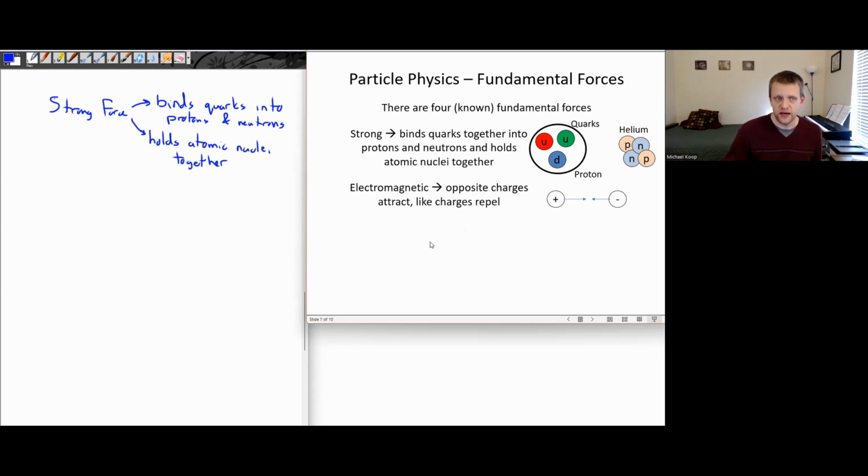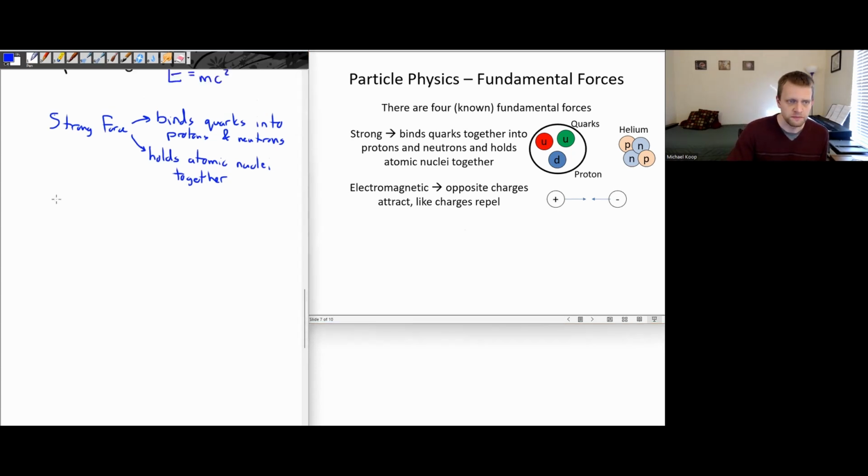We've also got the electromagnetic force. This is if I have 2 positive charges, they will repel, and 2 opposite charges will attract.